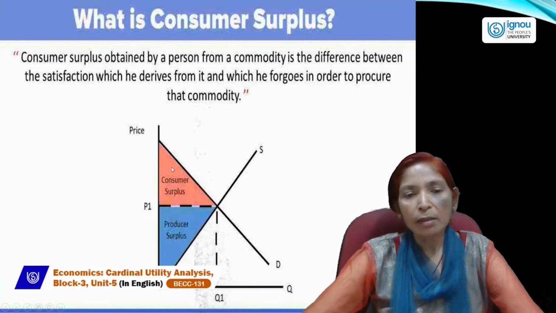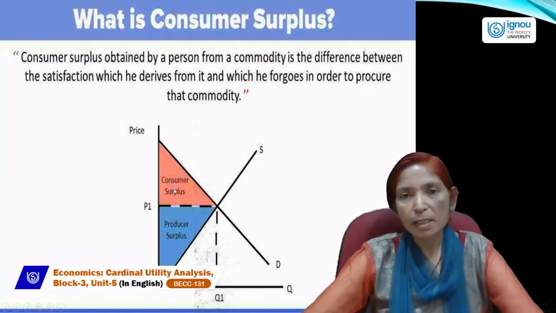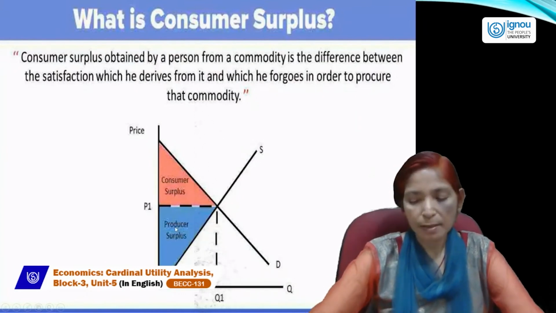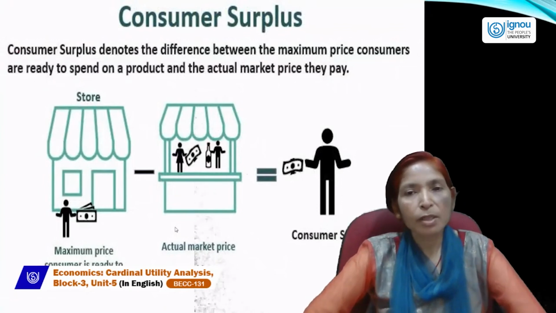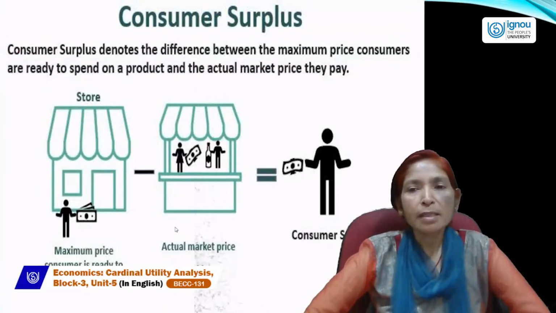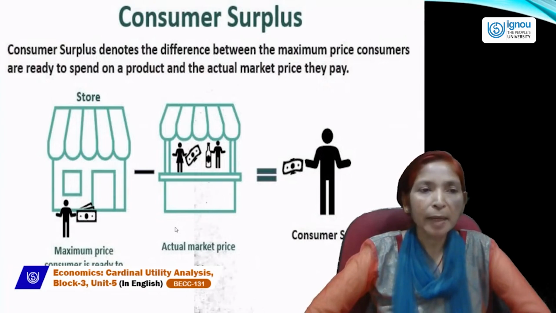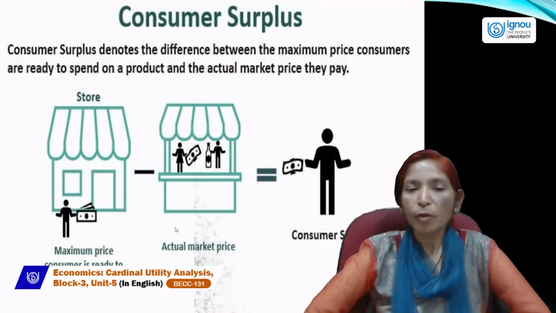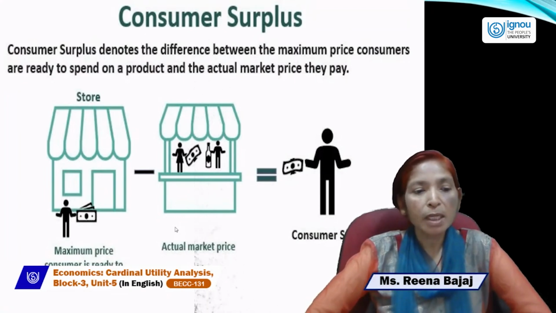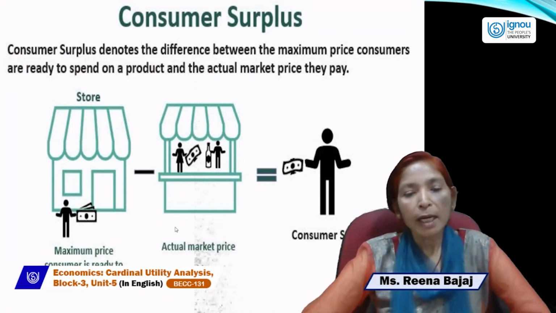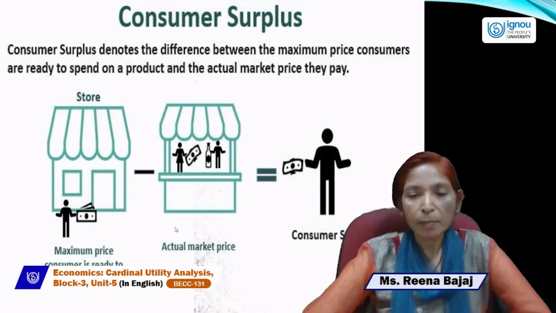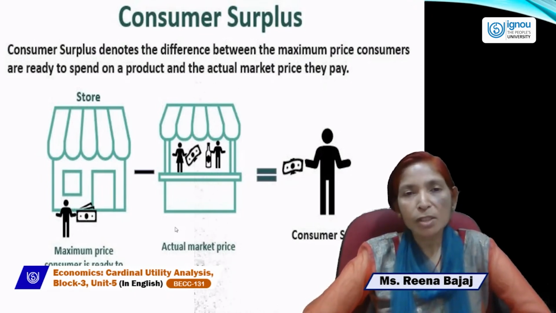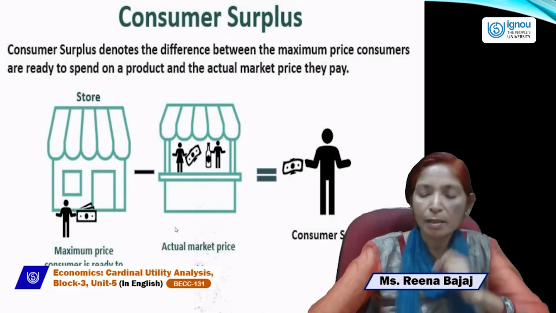The whole area shaded by this pink color is called consumer surplus, and the area below the equilibrium point is known as producer surplus. So consumer surplus denotes the difference between the maximum price consumers are ready to spend on a product and the amount which they actually pay for the product. So the maximum price the consumer is ready to pay minus the actual market price which he actually pays, the difference of these two, is equal to consumer surplus.